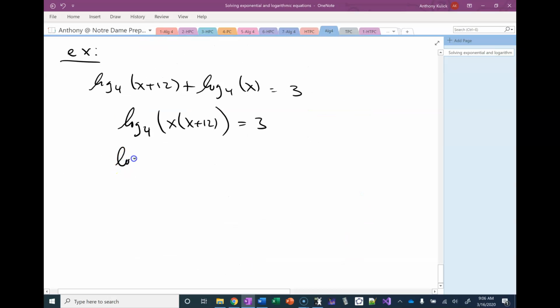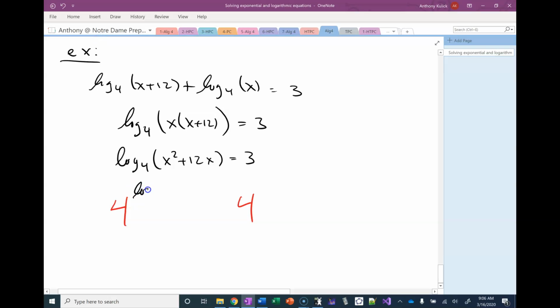And then I usually like to just distribute inside my logarithm there. The next step would be to cancel the logarithm. So log base 4 will be canceled using exponent base 4. So I'll do my big 4 to both sides.